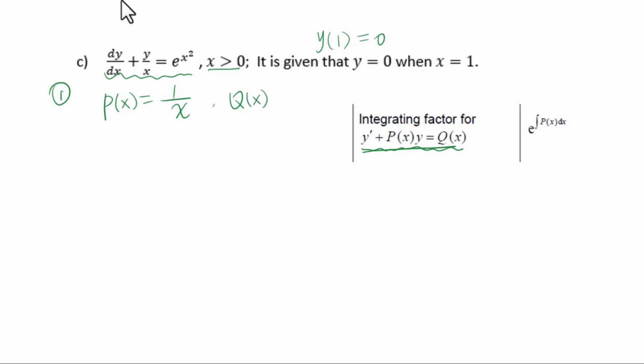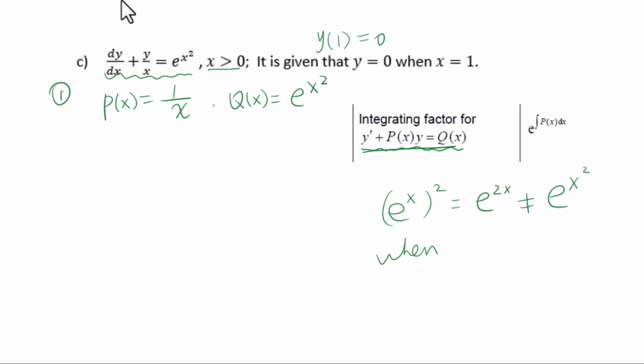q of x equals e to the x squared power. We know e to the x power squared equals e to the 2x power. It's not equal to e to the x squared power.